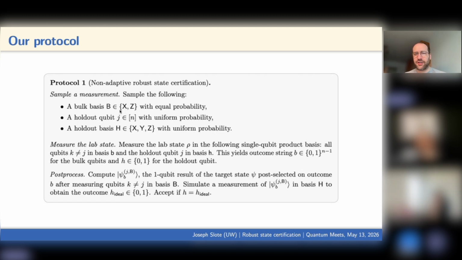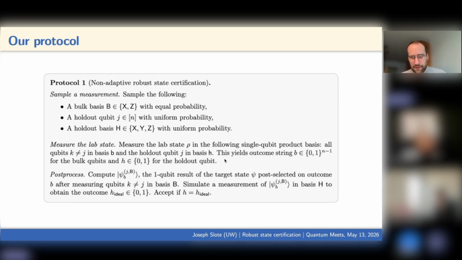So this is not a decision per qubit. This is just saying, all but J, I'm either going to measure them all in X or I'm going to measure them all in Z. And then on qubit J, I'm going to measure it in X, Y, or Z. And then we simply measure them all in this basis.